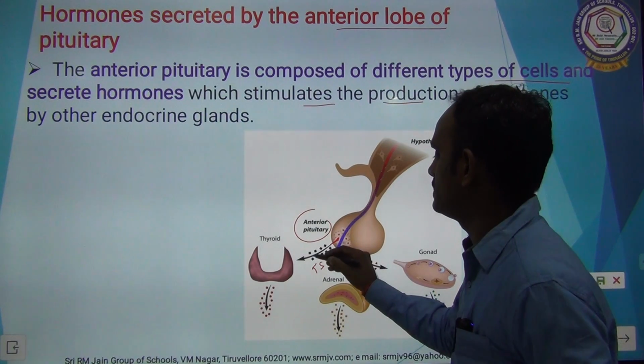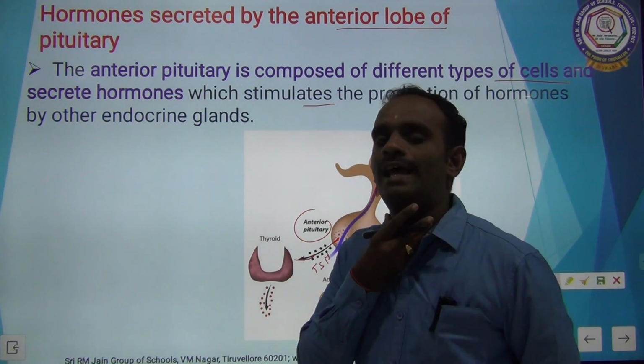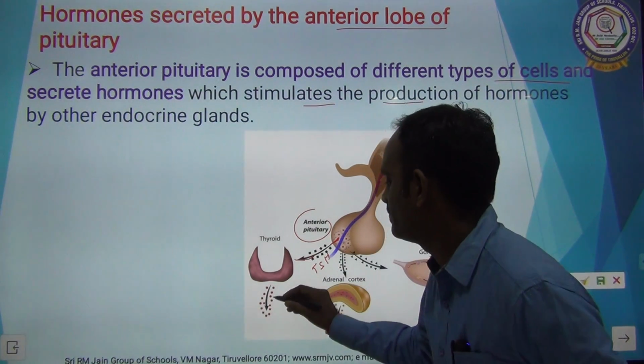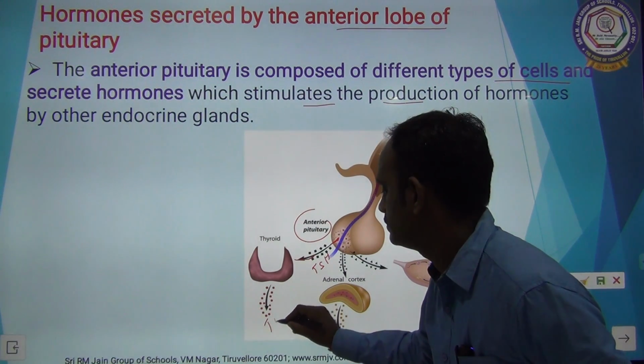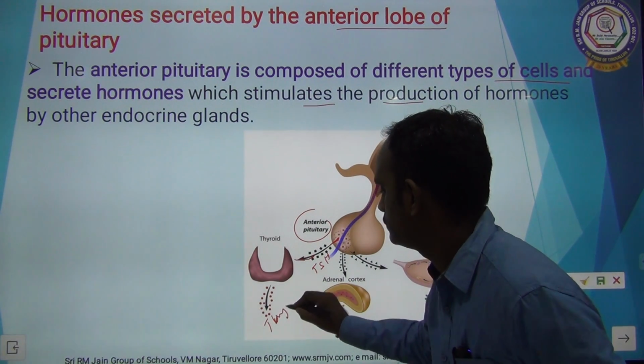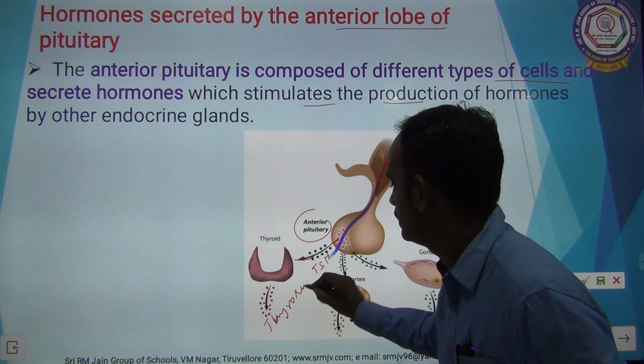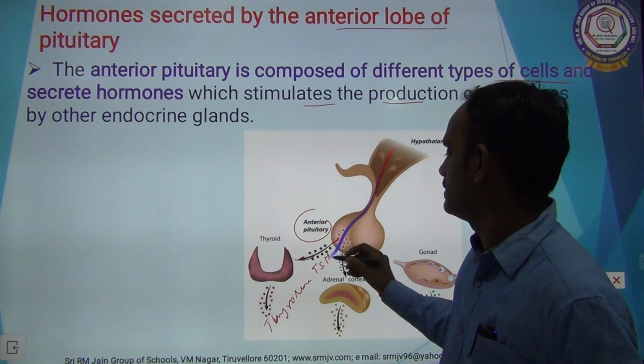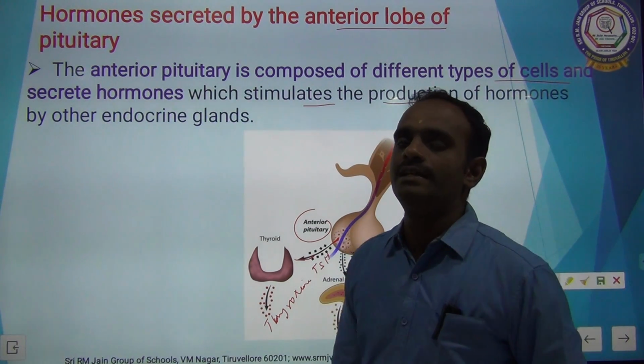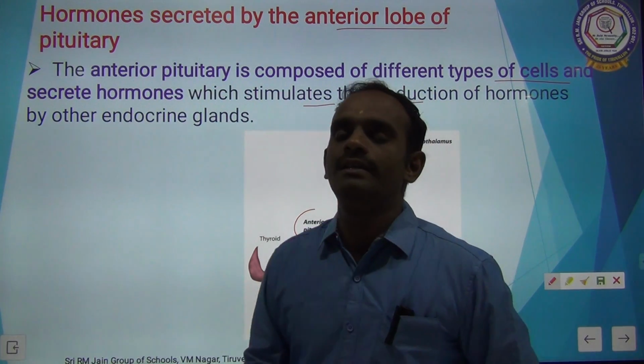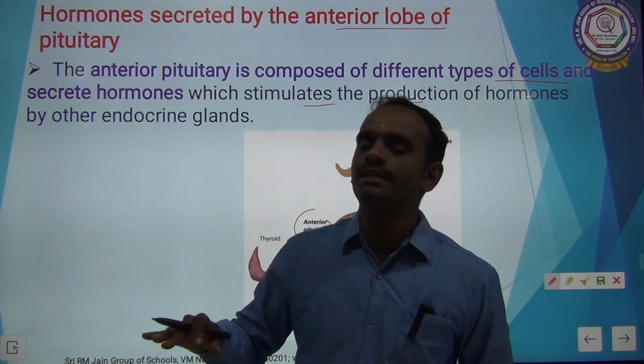This TSH stimulates the thyroid gland to secrete thyroxine. Likewise, the hormones of the anterior pituitary stimulate the other endocrine glands to secrete their secretions.